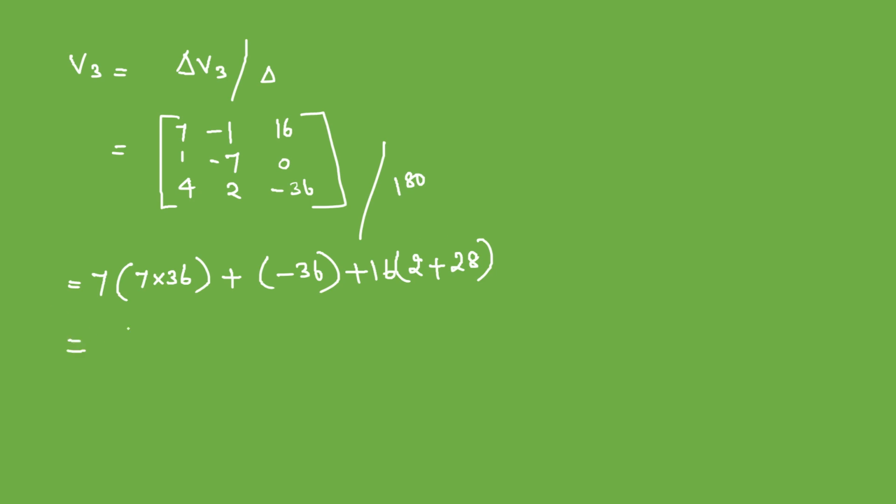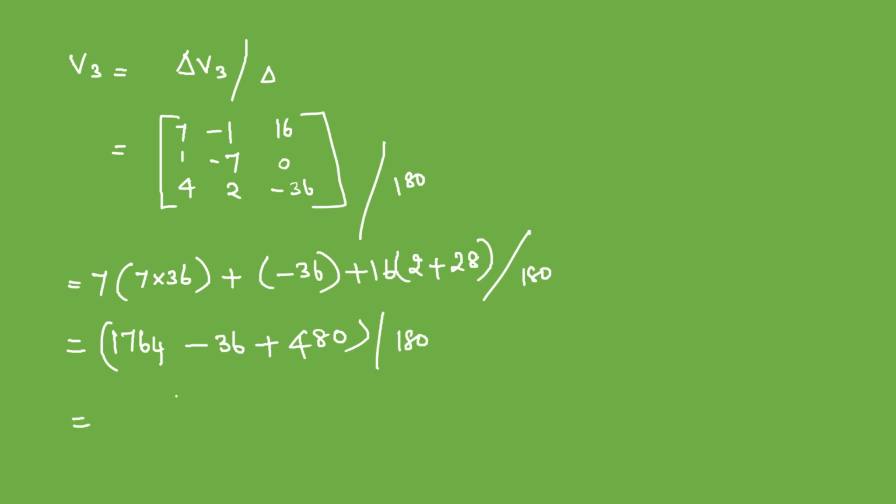So this is equal to 7 into 7 into 36, that becomes 1764. This is minus 36, and this is 30 into 16, so that is 480. So then divided by 180, right?